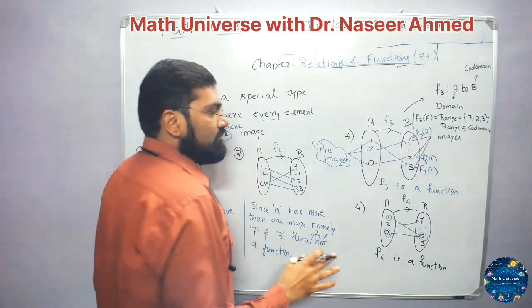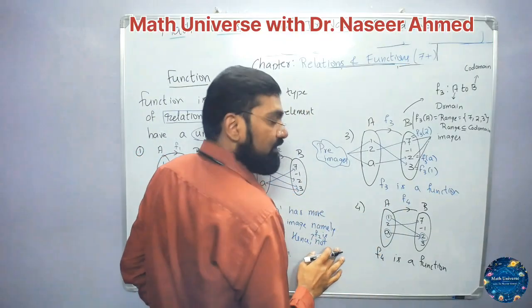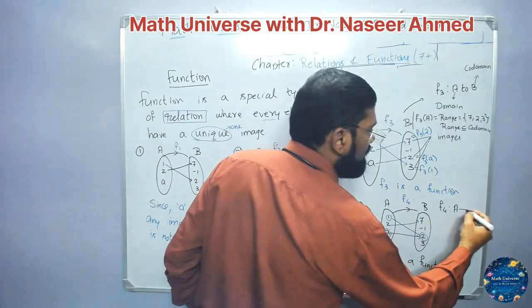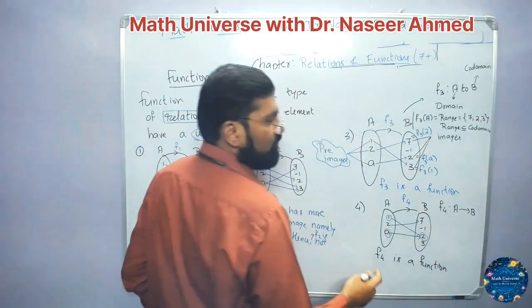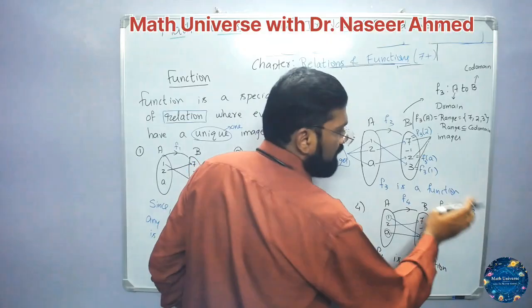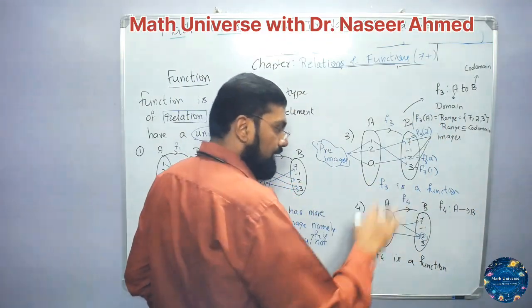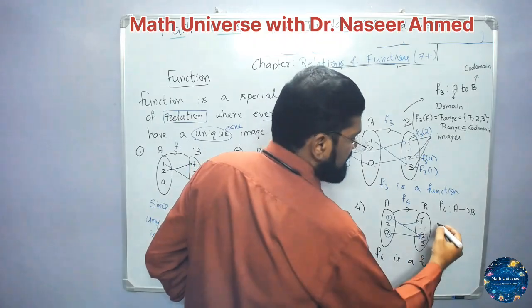Okay, now let us come to this. F4 is also a function. So we write F4 is a function from A to B. What is the domain? Again, A is the domain. What is the codomain? B is the codomain, because since I've taken the same sets, no change. But what is my range?